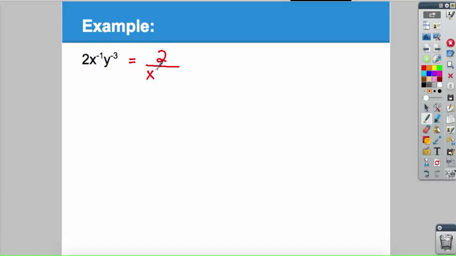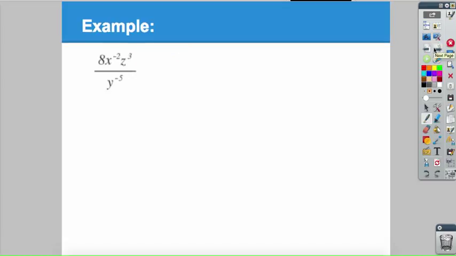X goes to the bottom and becomes a positive first power, or remember, if an exponent is a 1, we don't really need to write it. And then I would have y to the third. And so I have simplified this with positive exponents, and I'm only moving the terms that are needed.